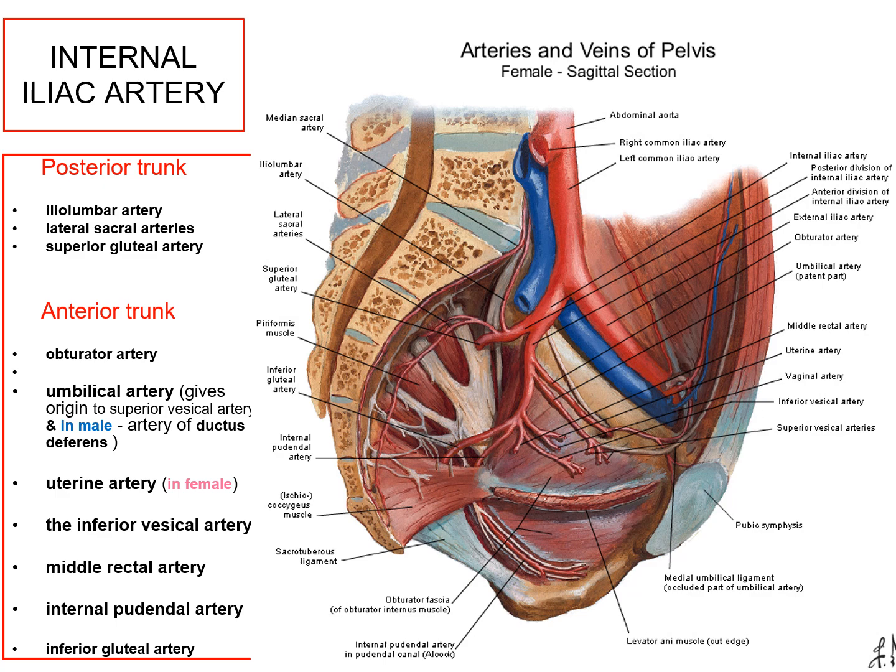The next branches of the anterior trunk are the obturator artery, inferior vesical artery, middle rectal artery, uterine artery in females, internal pudendal artery, and inferior gluteal artery.